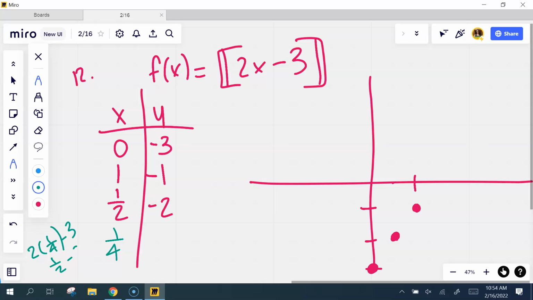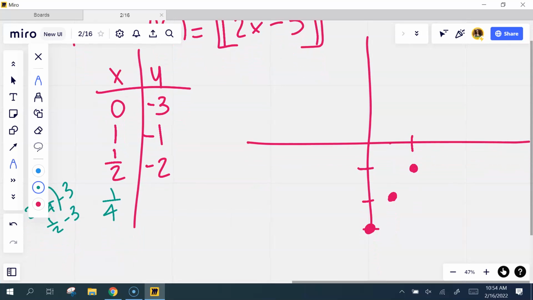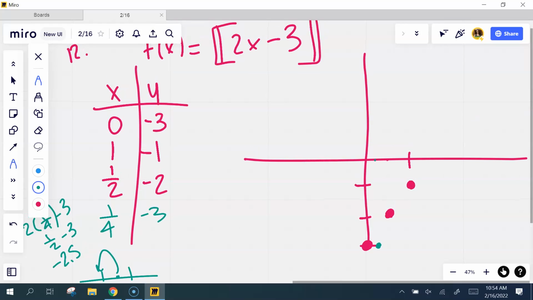So that's 1/2 minus 3, which is -2.5, right? Are y'all following me on that? So if I'm at -2.5 and I have to jump down, that puts me at -3. So halfway between here, I'm still down at -3. It looks like it's jumping at the halfway marks each time.